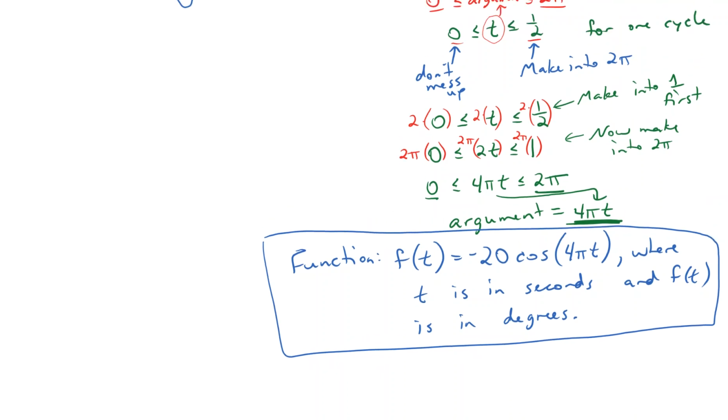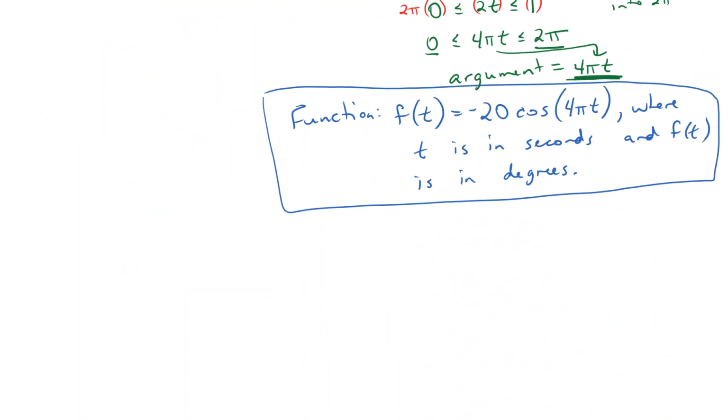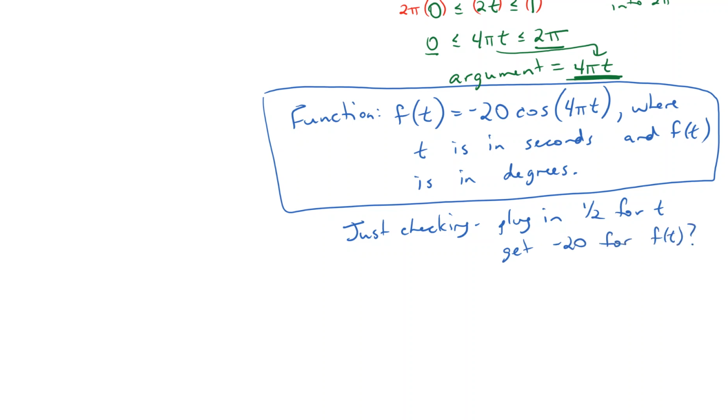If you want to check this, according to our graph, if we plug in 1/2 for t, our angle should be -20, right? So we can try that, we can check it out. Plug in 1/2 for t, and we want to see, do we get -20 for f of t, okay?